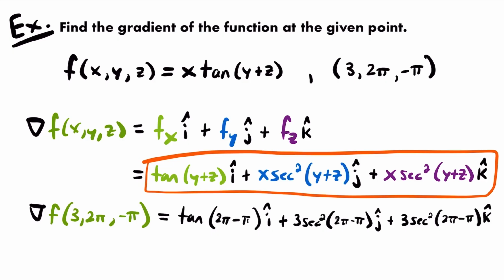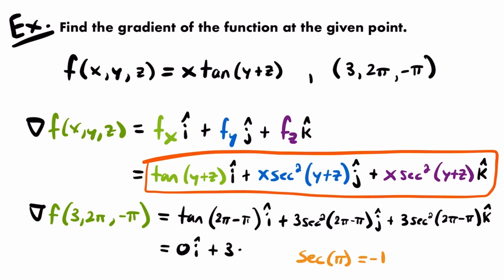All right, and now simplifying, 2 pi minus pi in each case is just equal to pi. So we have tangent of pi, which is 0. So this is equal to 0 times i plus 3 times secant squared of pi, because 2 pi minus pi is pi, and secant of pi is equal to negative 1.